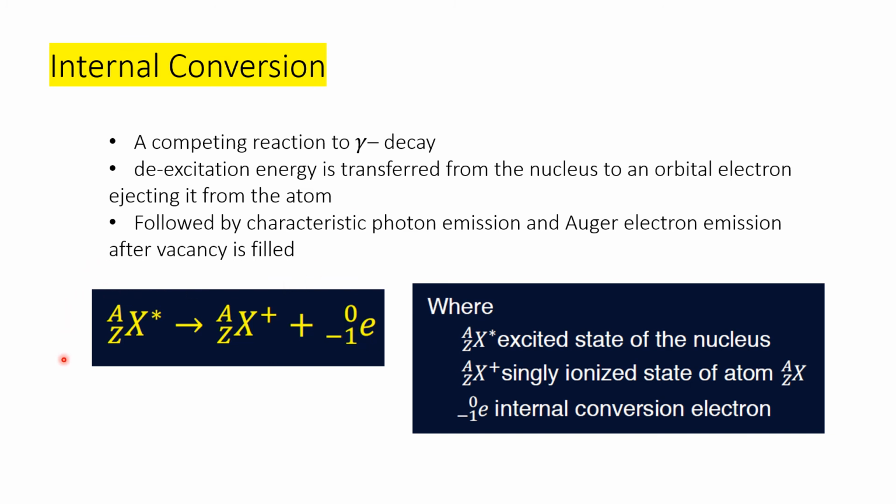So this is your internal conversion equation, where X star is the excited state of the nucleus, X plus is the singly ionized state of atom X, and then your electron is the internal conversion electron.